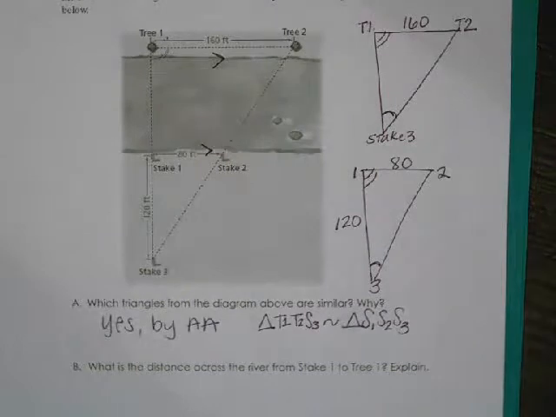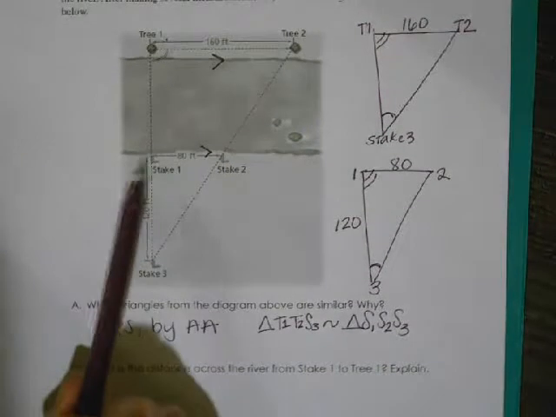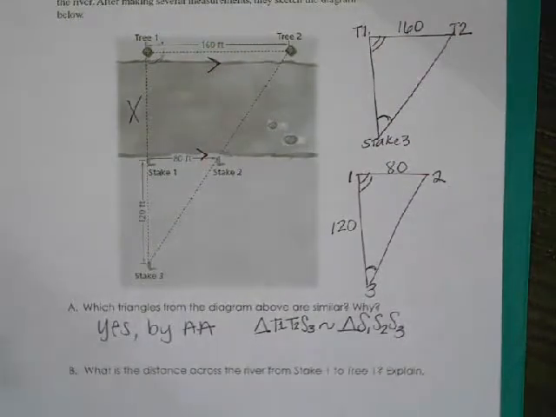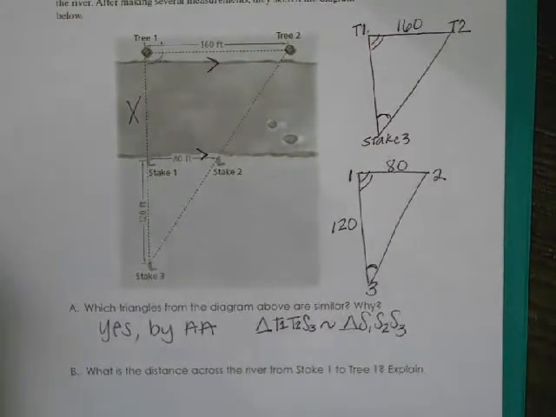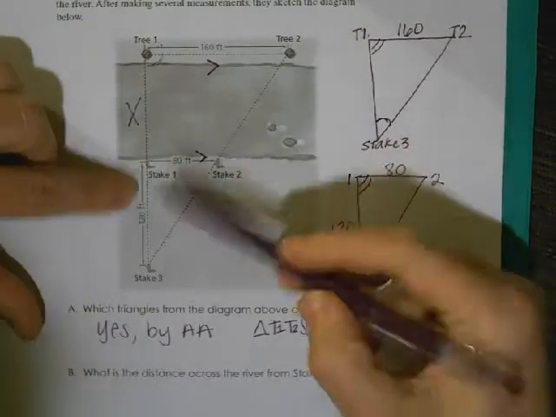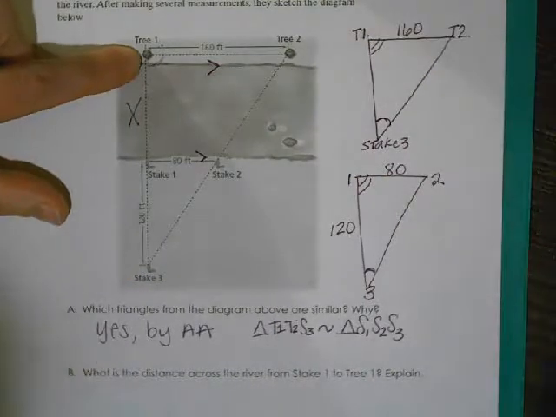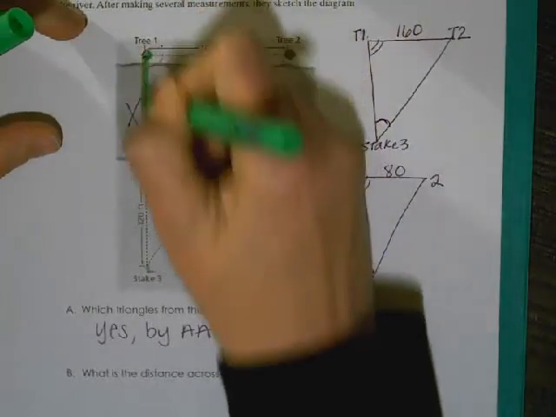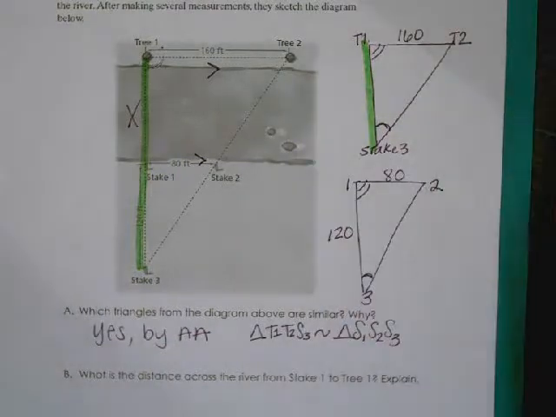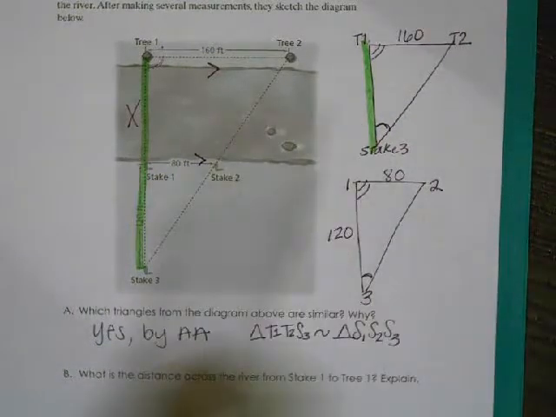So now we want to know the distance across the river. We want to know from stake 1 to tree 1. So we want to know this distance right here. And can we find that distance? The answer is yes. Right now the distance on this small triangle is going to be this little bit right here, but how much is the distance on the big triangle?